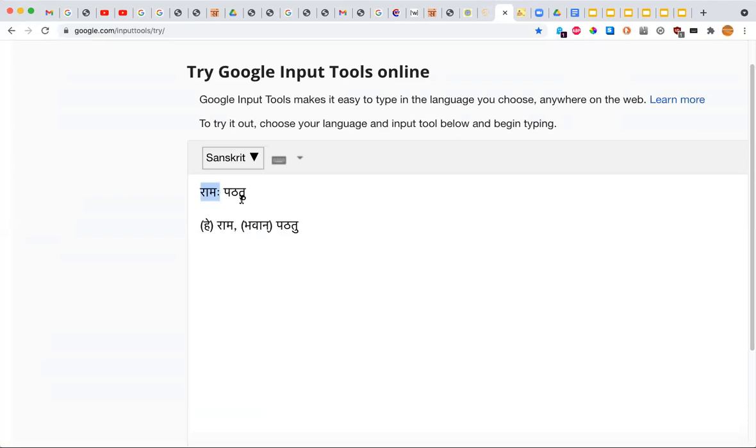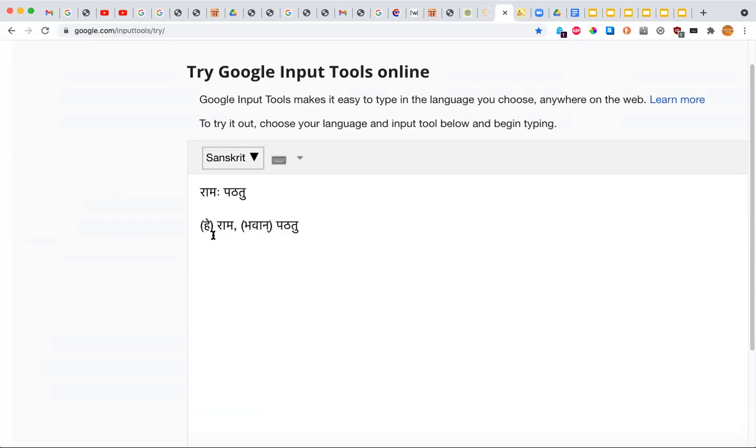What is the Rama Shabda here? It's a Karta, Prathama Vibhakti Ekavachana. And here, that is Sambodhana.